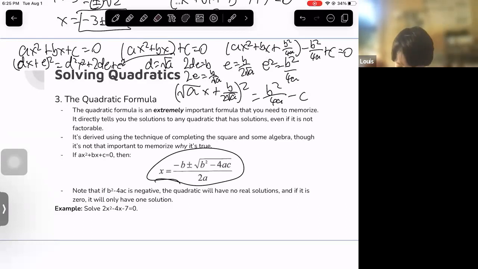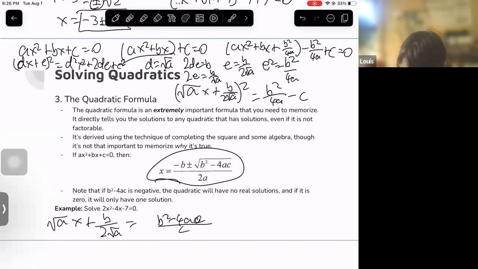So we would have that root a x plus b over 2 root a equals the plus minus square root of b squared minus 4ac over 4a.